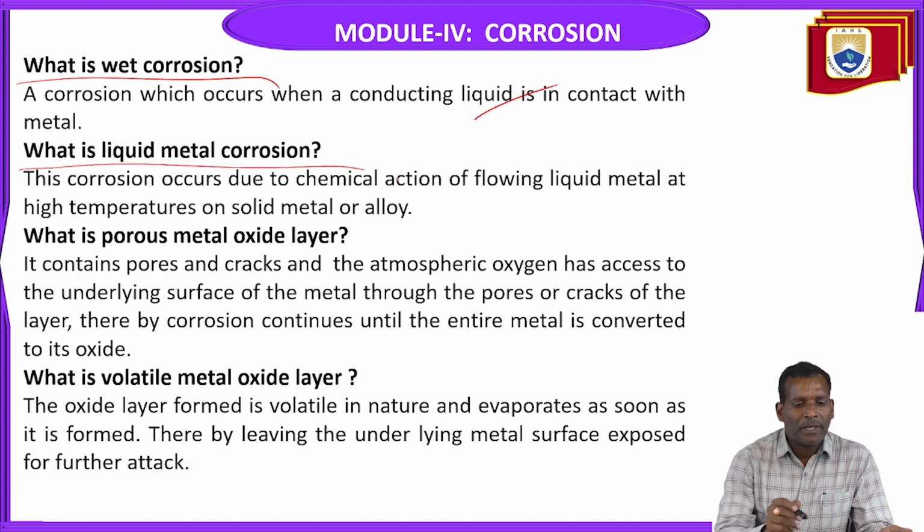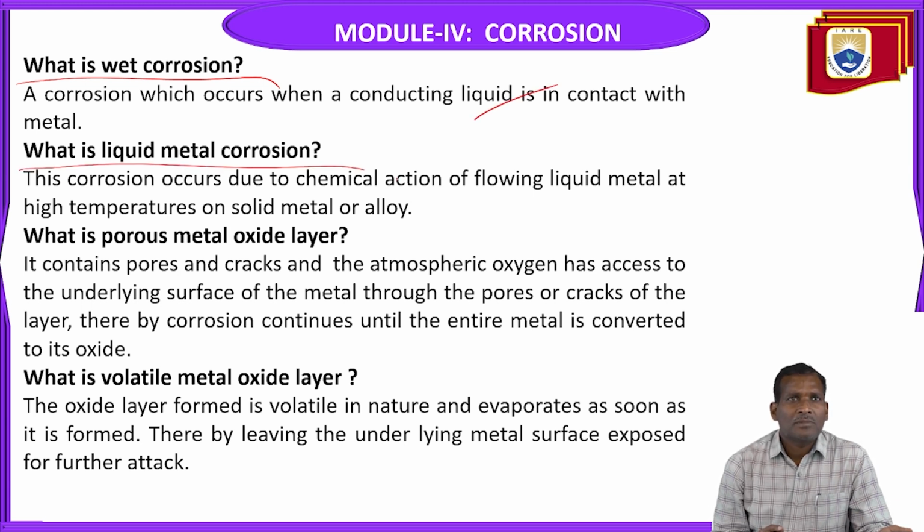So what is liquid metal corrosion? This corrosion occurs due to the chemical action of flowing liquid metal at high temperatures on solid metal or alloy.